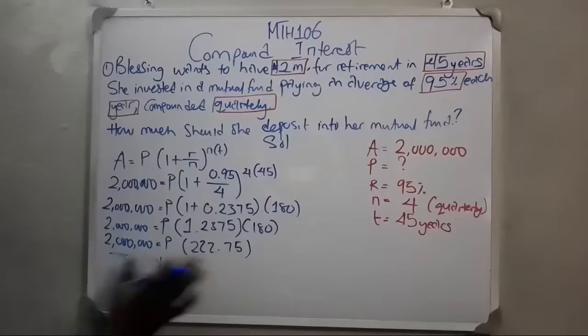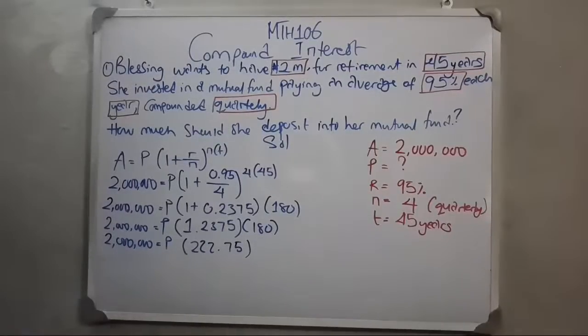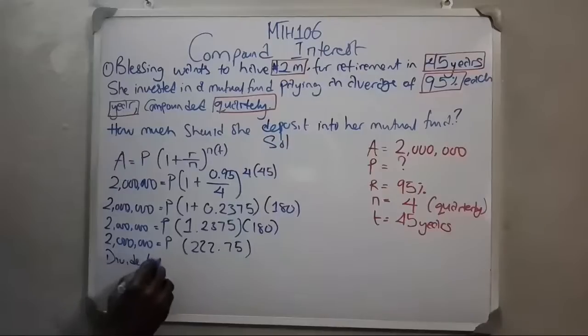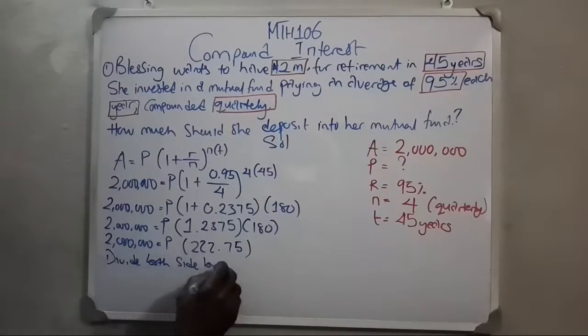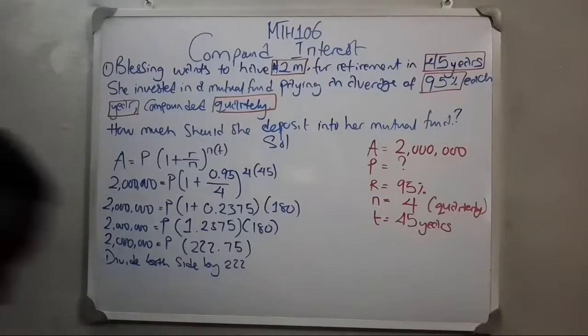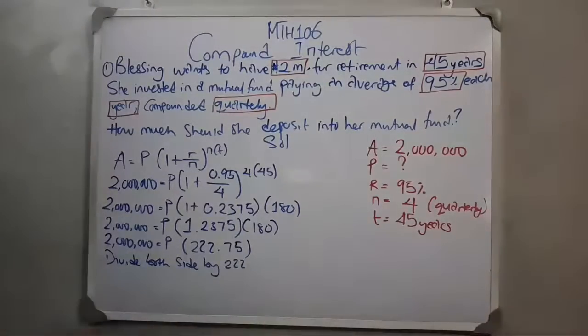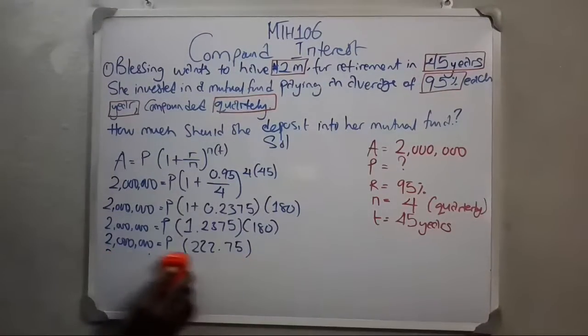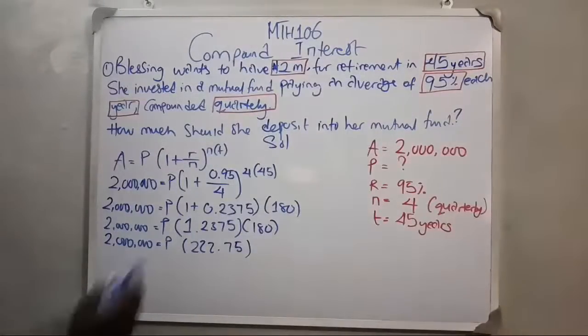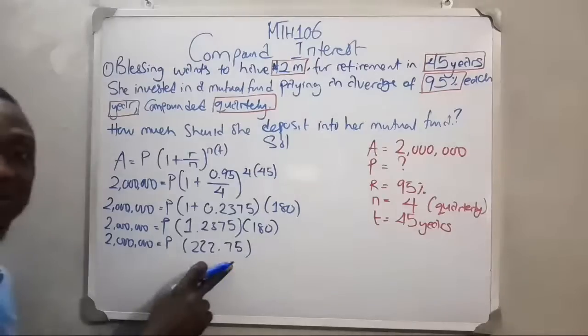Now let's first switch sides, and divide both sides by 2. Let me explain this before we divide both sides. Anything outside the bracket is used to multiply whatever we have in the bracket.